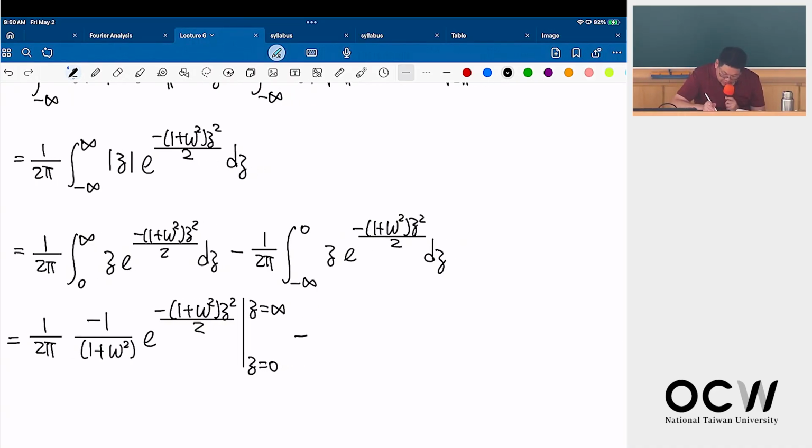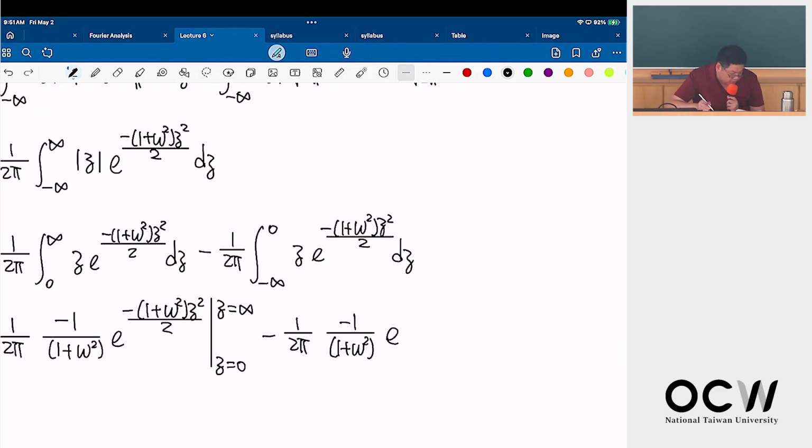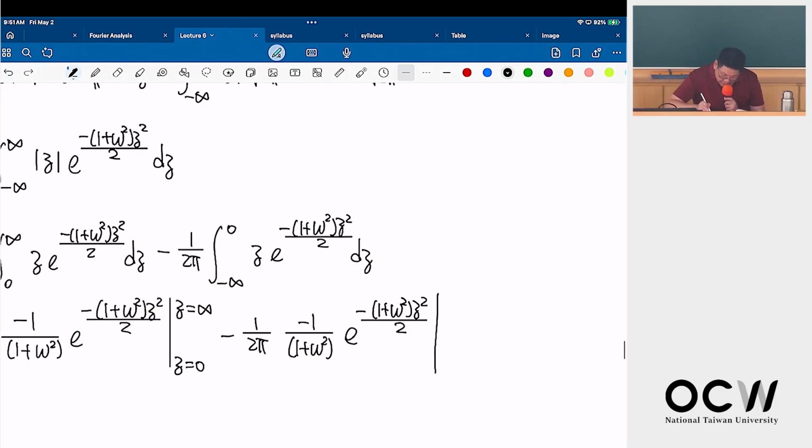And the second part, minus 1 over 2 pi. Similarly, but I have a minus, we still have minus 1 divided by 1 plus w squared, and then exponential to the power minus (1 plus w squared) z squared divided by 2, and z is from minus infinity to 0.